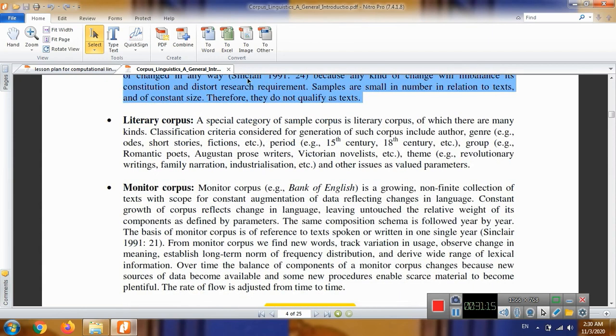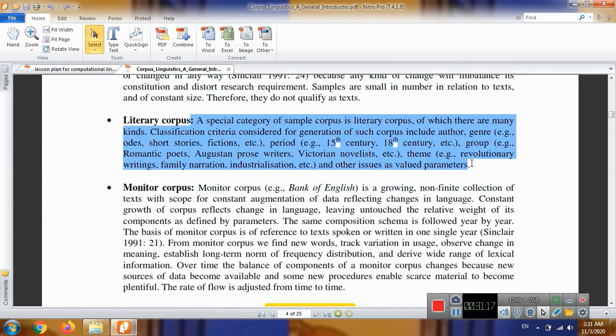Another type is the literary corpus. A special category of sample corpus is the literary corpus, of which there are many kinds.